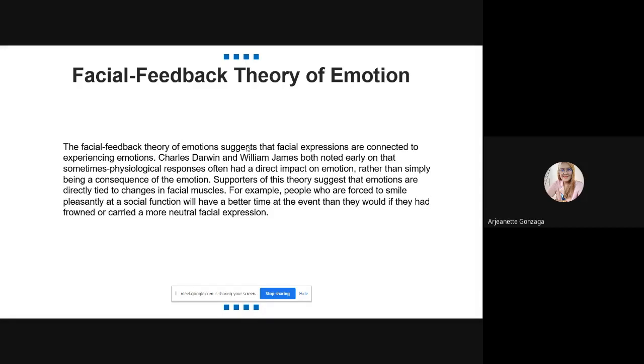So, for example, dito, people who are forced to smile pleasantly at a social function will have a better time at the event than they would if they had frowned or carried a more neutral facial expression. So, dito sa facial feedback theory, malinaw naman na sinasabi dito na ang facial reactions natin is nakaka-apekto sa ating emotions. Okay.